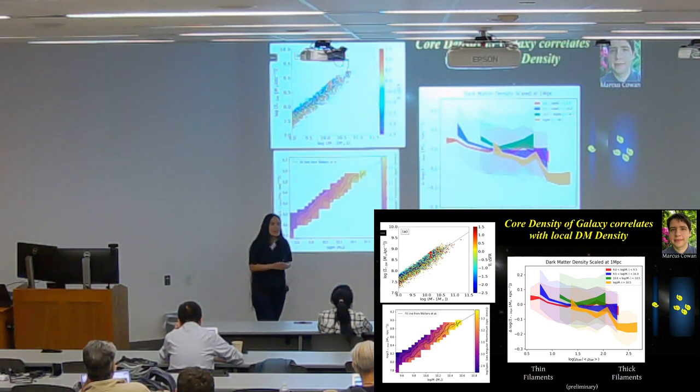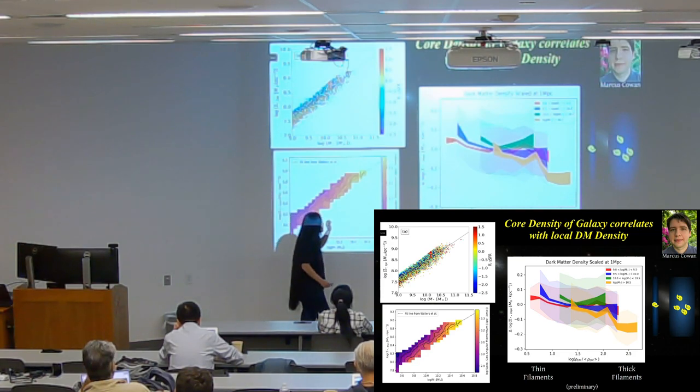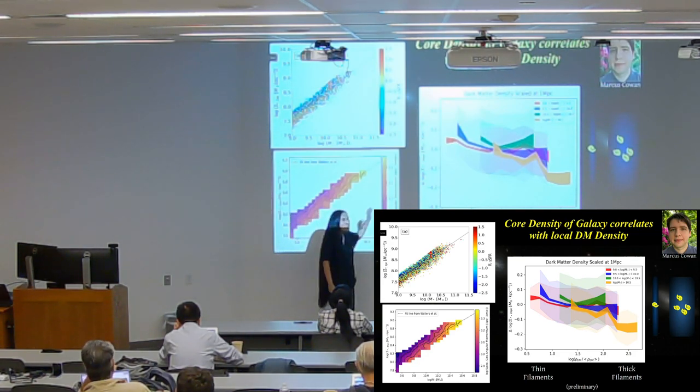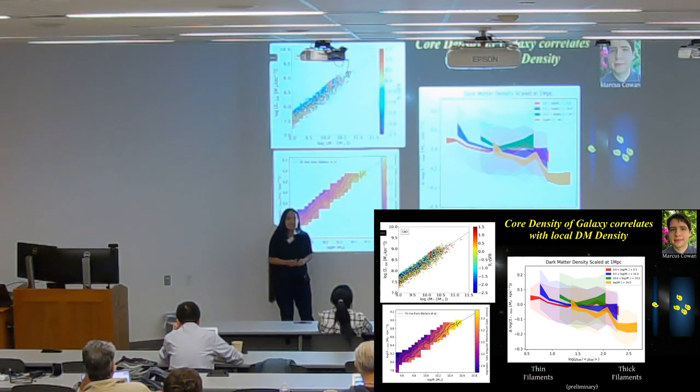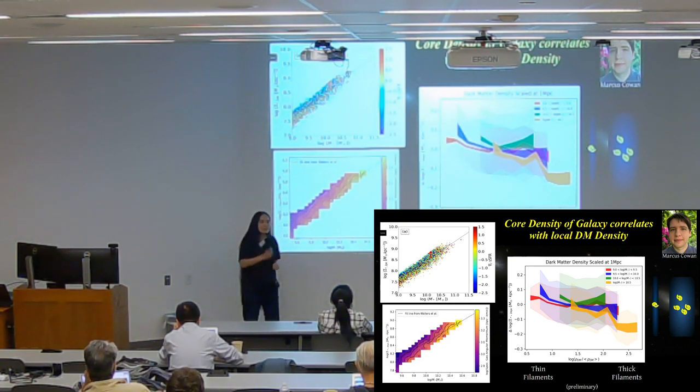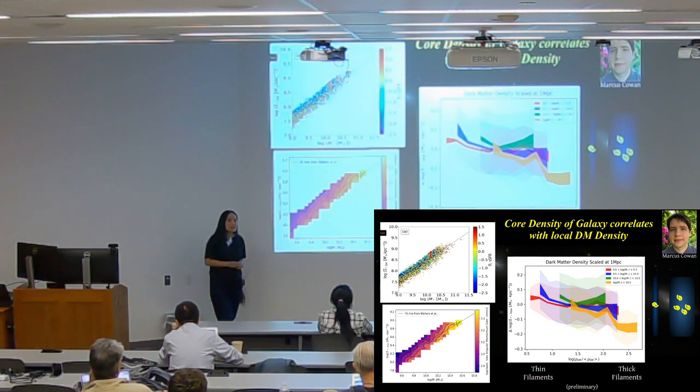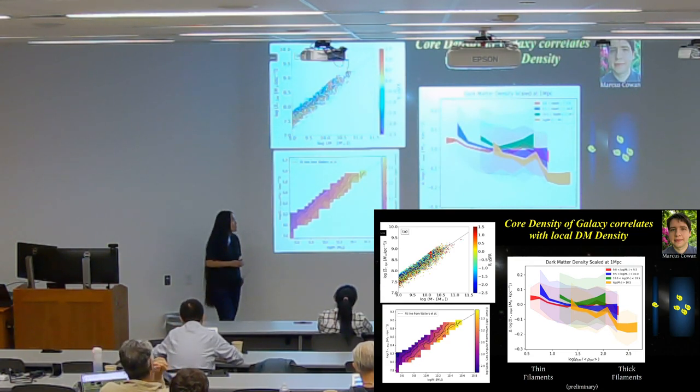And we're seeing that even though the core densities tend to be correlated with the dark matter densities, the actual color gradients are much more weakly correlated, which is very interesting. So on a shorter time scale, which measures the color gradients and the SSFR gradients, the relations tend to be a lot weaker.